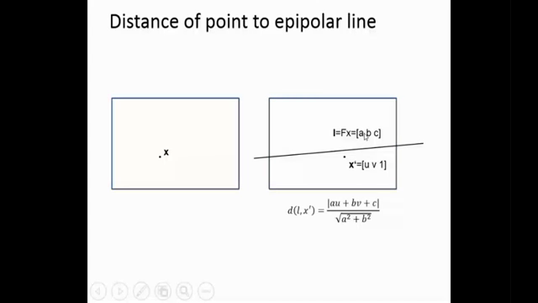Then you normalize this so that a and b have a norm of 1, so you divide by the square root of a squared plus b squared. Now the distance of a point to this line will be the dot product of (u, v, 1) with (a, b, c). This is the distance of some point x prime to this line. If you just look at x prime transpose F x, it'll be misleading, and you'll not be able to correctly find inliers.